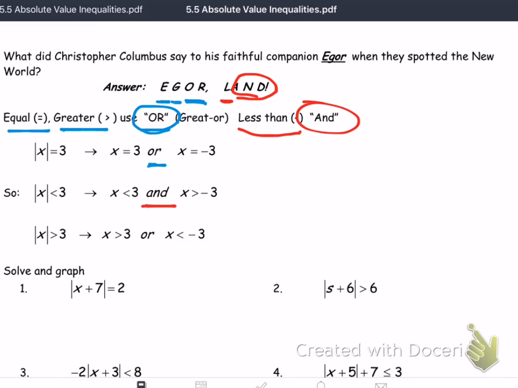Okay? And then the last one here, the absolute value of x is greater than 3. You drop down the absolute value sign and you get x is greater than 3 or x is less than negative 3. Igor, land. That is what is going to help us. So, why don't you drop down to the 6 problems on the bottom, and then we'll get working on that together.